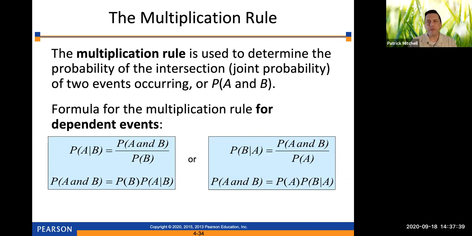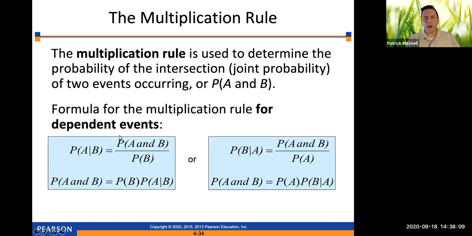The multiplication rule is used to find the intersection. So here we have the formula for the multiplication rule. And again, they put "for dependent events" in bold, but these formulas will work all the time. They'll work even if the events are independent. It's just that if you know the events are independent, then you can make these formulas a little simpler.